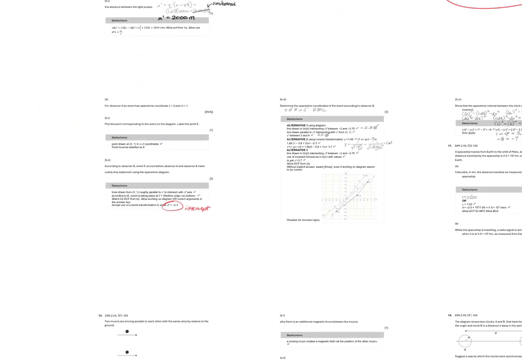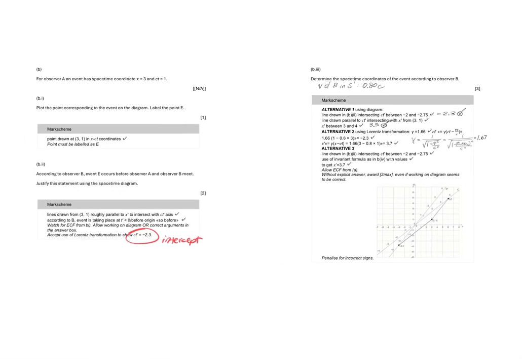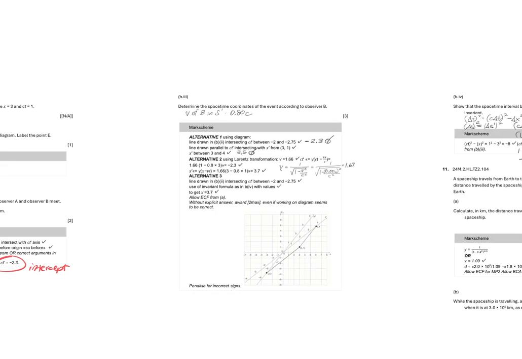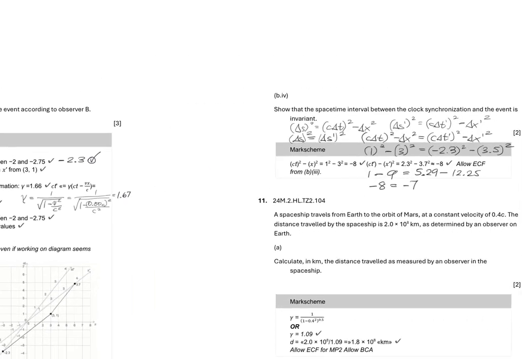If we actually use the numbers from the Lorentz transformation, where was that? I'm all over the place on this mark scheme right now. Give me a sec. Here they are. They said that ct prime is negative 2.3, which does match what we said.